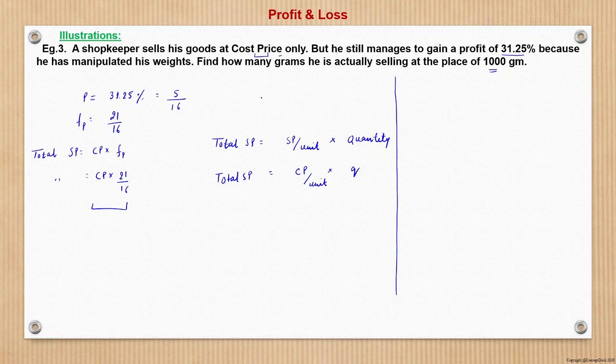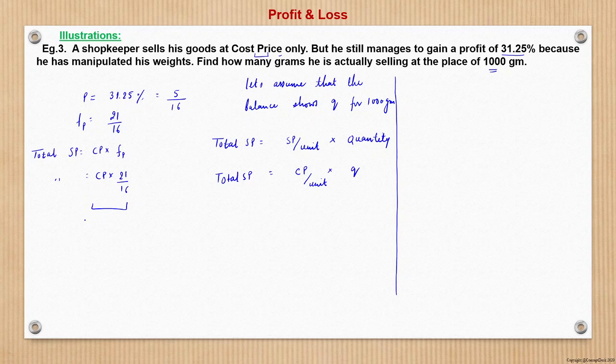So now let us suppose that the balance shows Q quantity for 1000 gram, right?